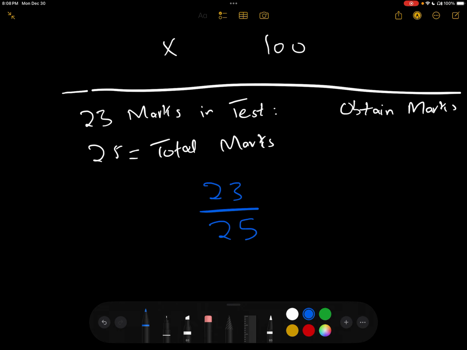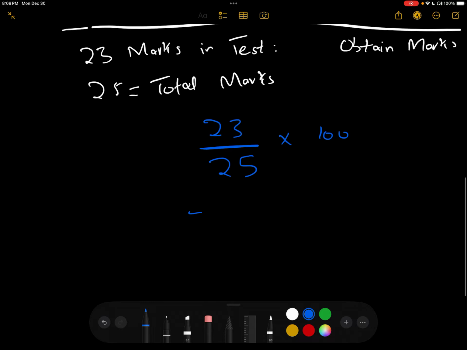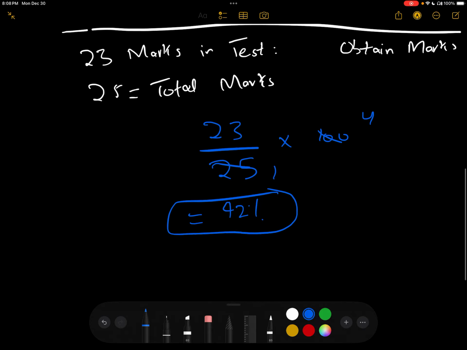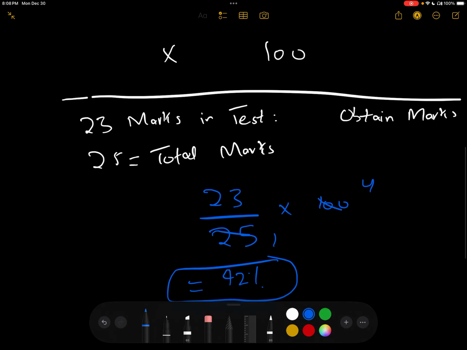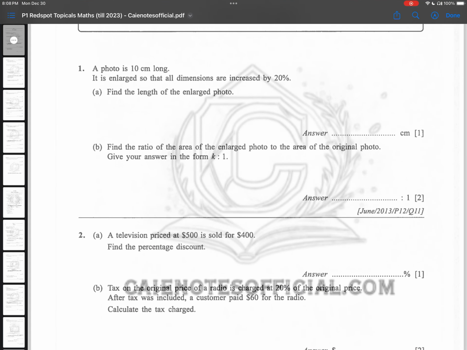And I will multiply it with 100. If I calculate this fraction and multiply with 100, what I will be getting is 92. So this is the percentage of your marks. Now let's move to the questions.